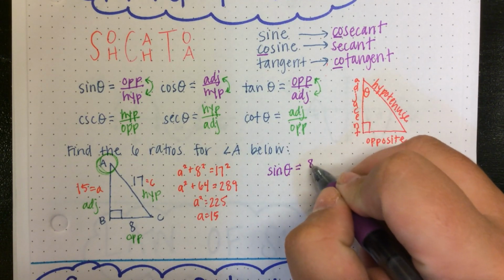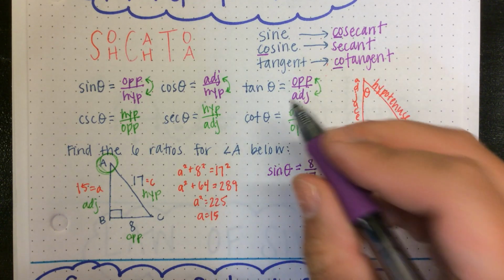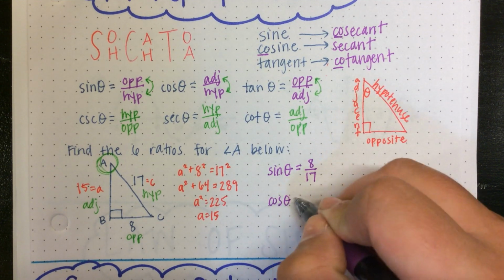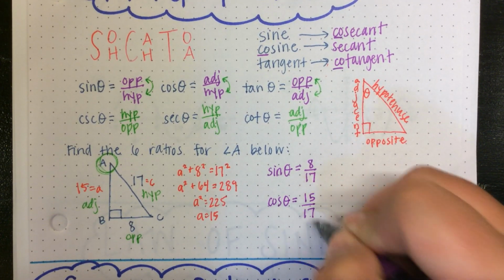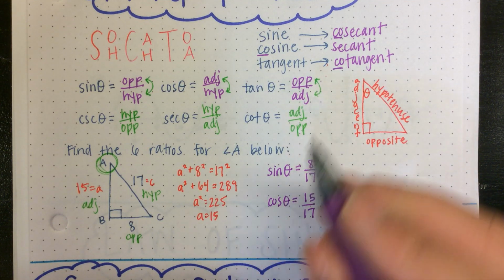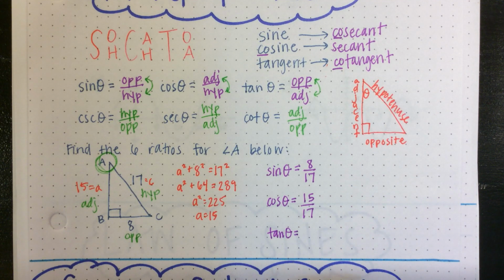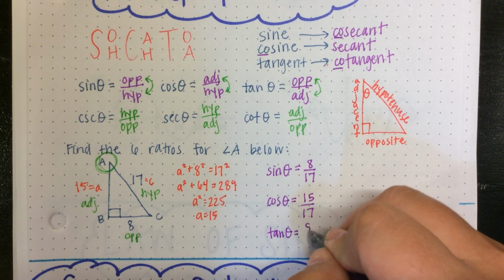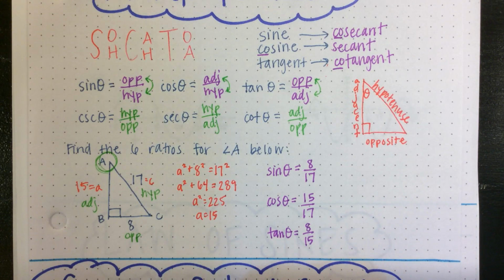My opposite side is 8, hypotenuse is 17. I can't simplify that at all, so I leave it. Cosine is adjacent over hypotenuse, so that one's 15 over 17. And then tangent of theta is opposite 8 over adjacent 15. Make sure you simplify your ratios, but none of these can be simplified.